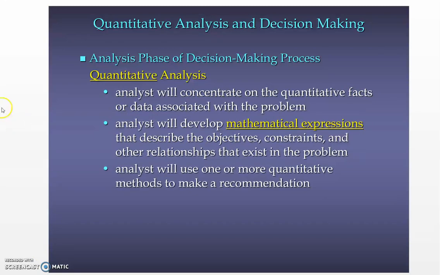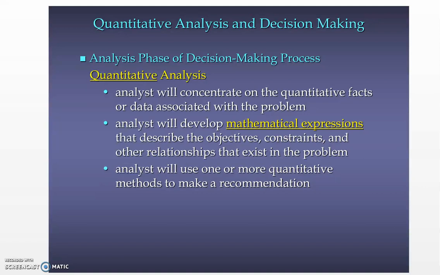So if we've decided that we're going to use a quantitative method, then we begin with an analysis phase. We try to understand, again, those quantitative facts, those criteria, the numbers, the other things that we can develop a quantitative expression for. And we in turn develop that expression in mathematical terms. We define an objective. We want to minimize cost, and we want to maximize revenue.